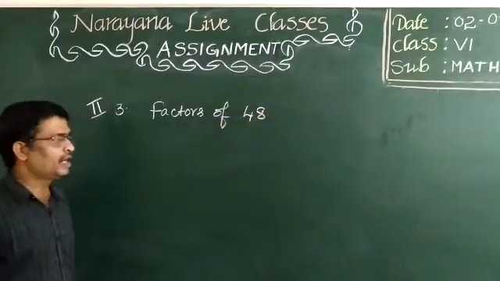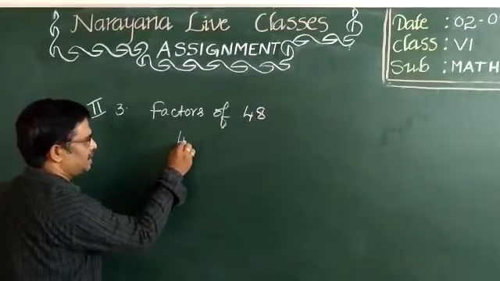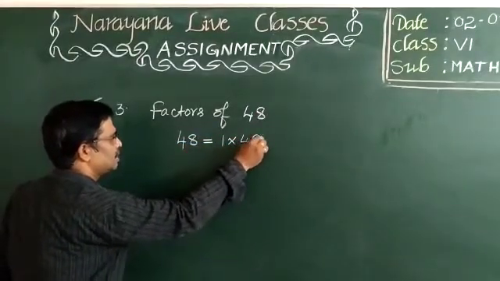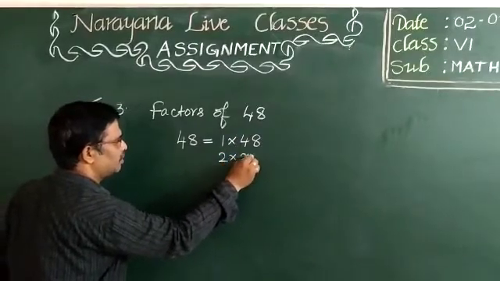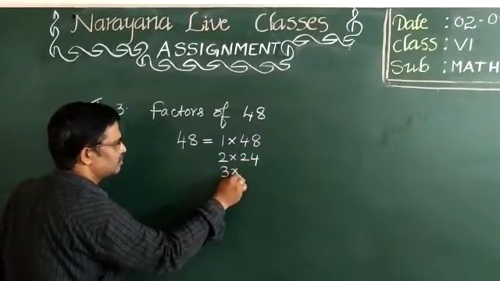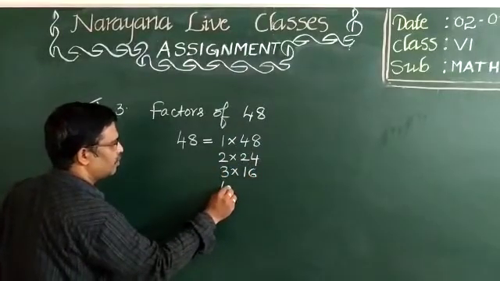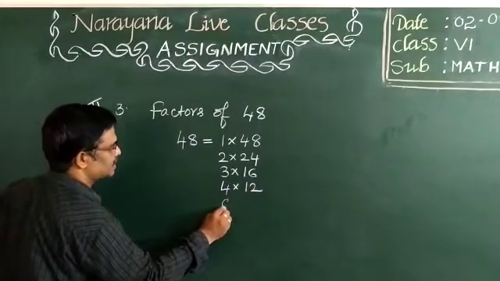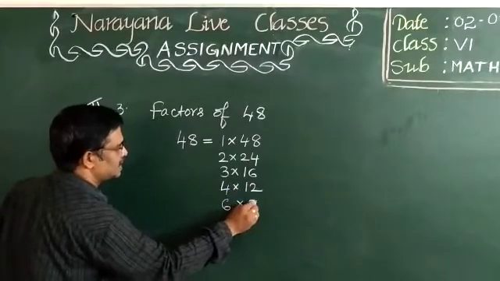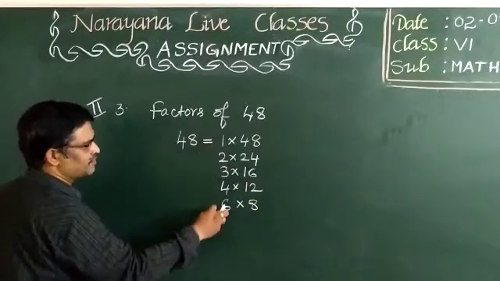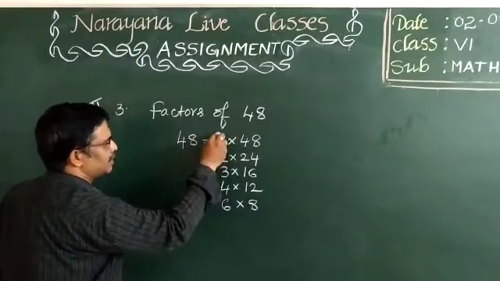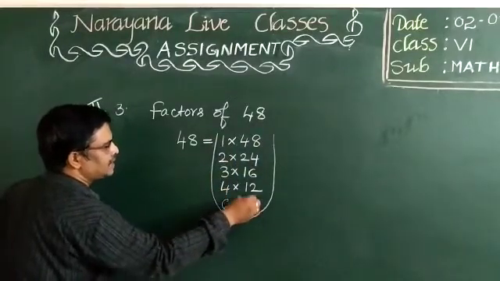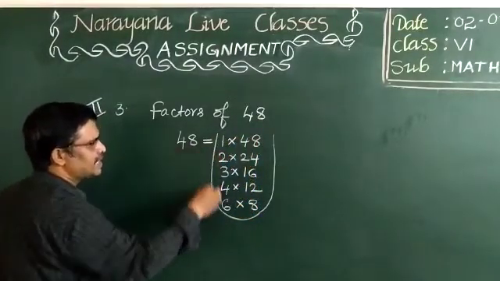Just now we learned how to find the factors. 48 is equal to 1 into 48, 2 into 24, 3 into 16, 4 into 12, 5 not possible, 6 into 8. Now when this process is completed, you can take it as done. So the factors are 1, 2, 3, 4, 6, 8, 12, 16, 24 and 48.